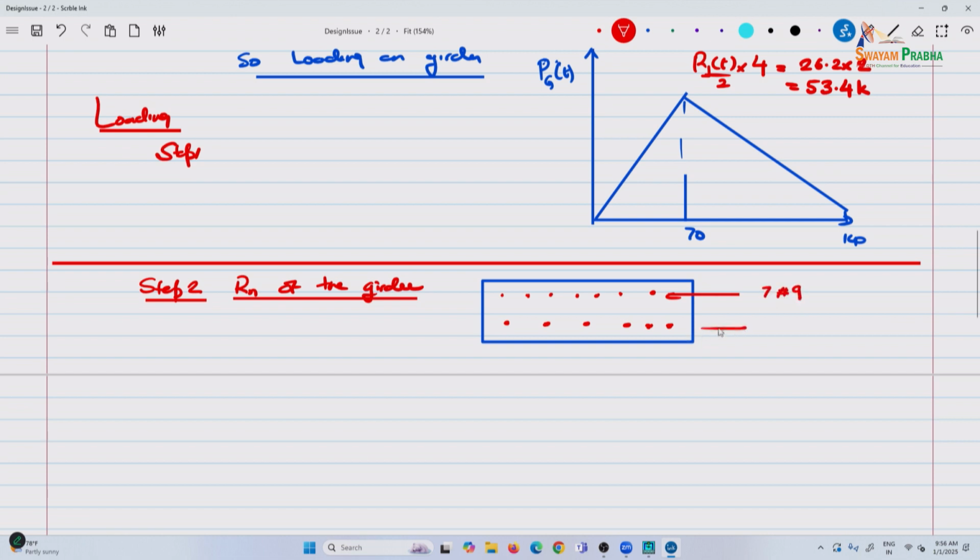Let us not worry about how we came up with this design. We will be seeing some design issues covered. So let us say these are the dimensions of the girder, this is 28 inches.